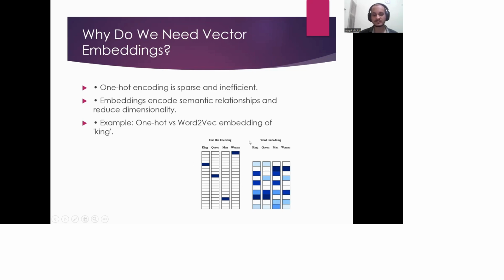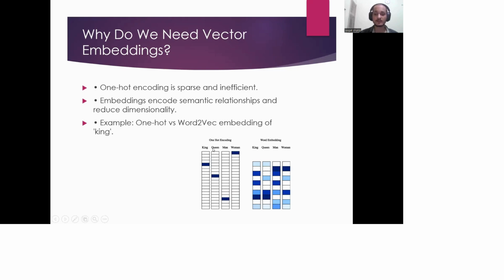But the problem with this approach is that it has an exponential time complexity as it grows in size. Let's say I have a vocabulary of around 1 lakh words. Every time I need to assign one to it, and the computational complexity would be very high.